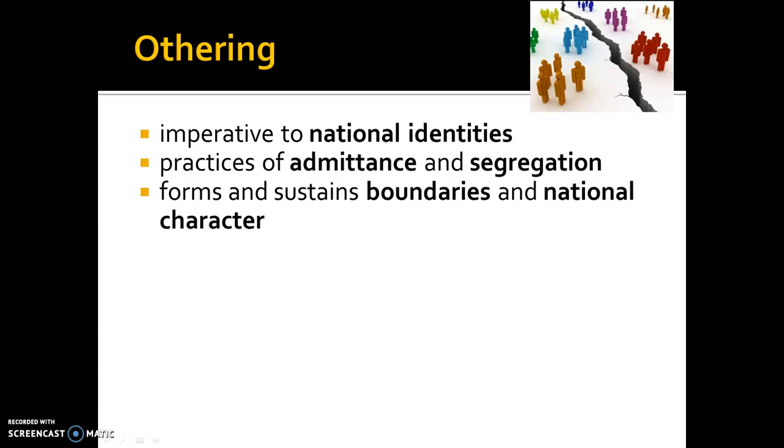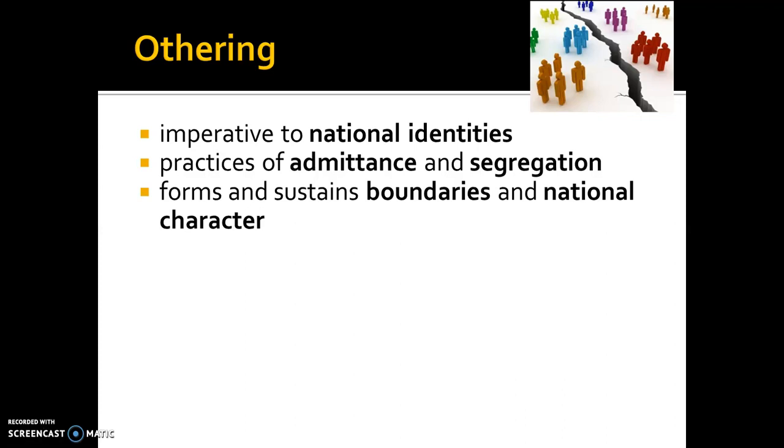Because we have to remember, with some exceptions, nations are largely arbitrarily drawn up and defined. Unless you have put up an actual physical wall, which more times than not is a symbolic representation of boundaries than anything else. But it's a process of othering when we do that.